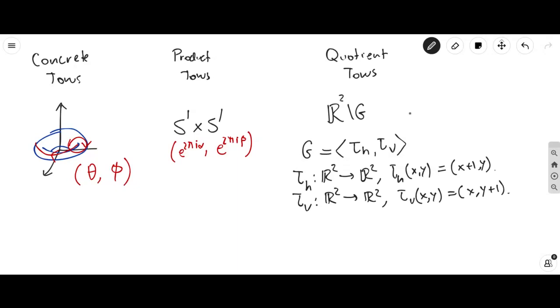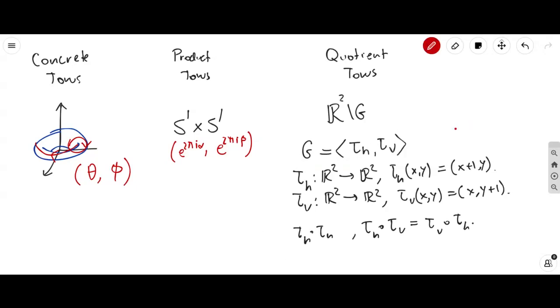So these are the two translation maps that you have. And of course, you can talk about T_h composed with T_h, you do it twice. You can do T_h composed with T_v, which is actually the same thing as T_v composed with T_h. They happen to be commutative, and so on.